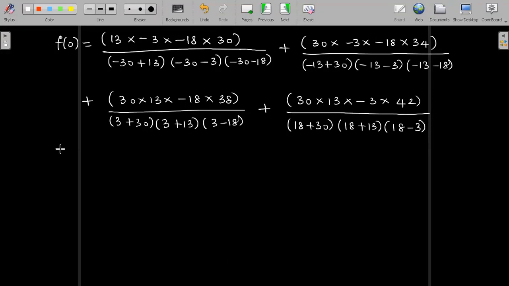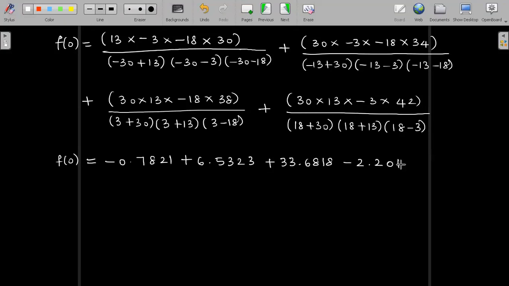For each of these terms, we can use a calculator and obtain the values. I have rounded off all my values to 4 decimal places. So this gives me minus 0.7821 plus, for the second term, 6.5323. The third term on evaluation gives us 33.6818, and the last term is minus 2.2016.